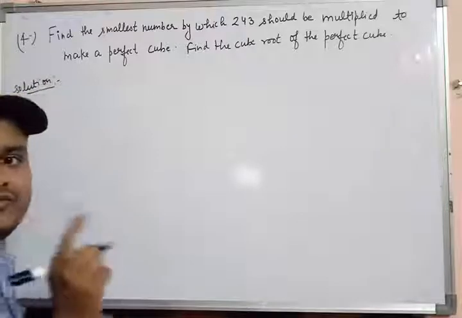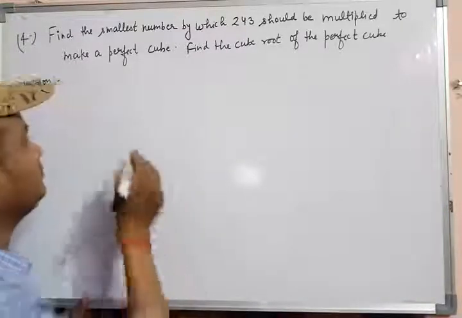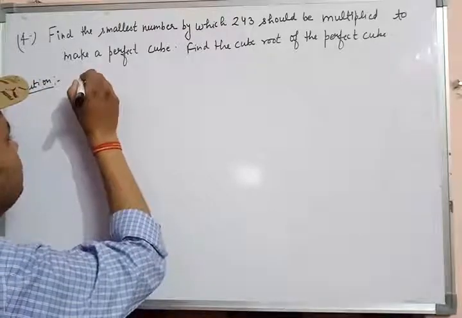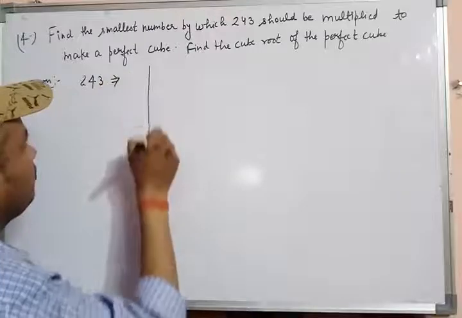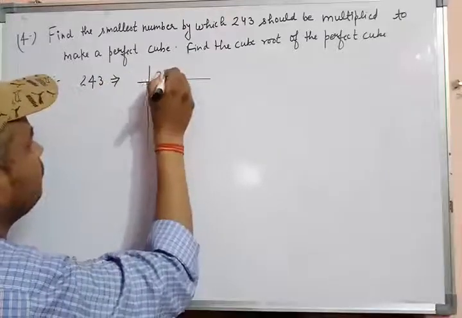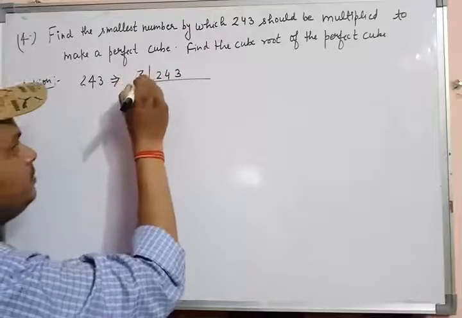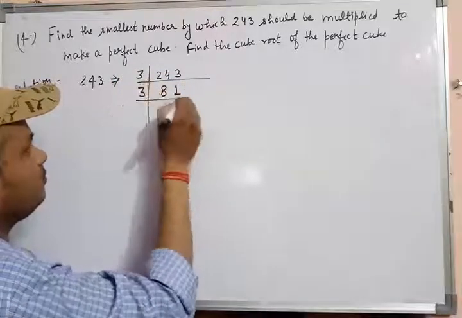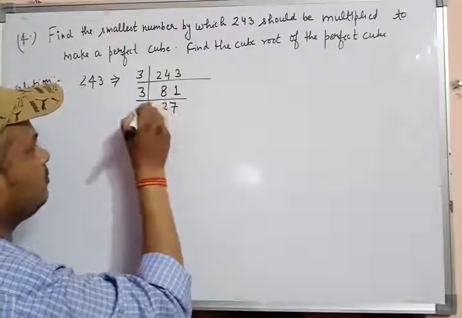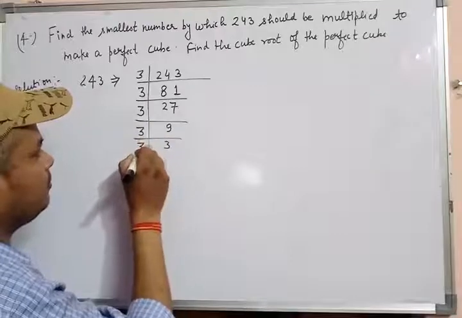Student, first of all, you have to find the prime factors with the help of the long division method like this. 243 is divisible by 3. 3 8s are 24. 3 1s are 3. 3 27, 3 9, 3 3, 3 1.